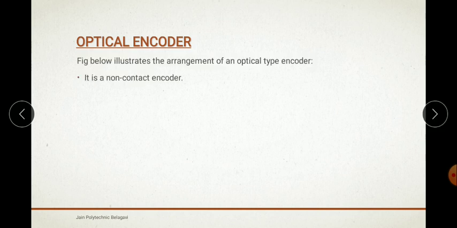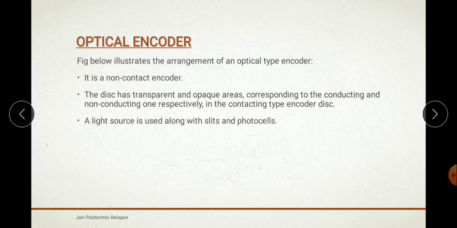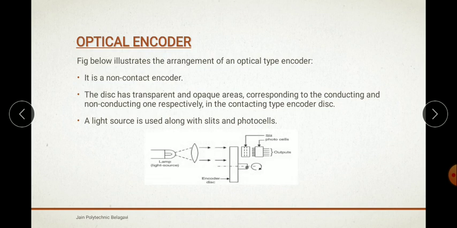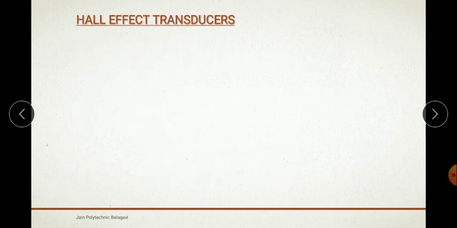By the figure we can easily see this optical encoder. This is the encoder disc, which is completely non-contact, then the light source provides light which is passed to these transparent and opaque areas. Then we have a slit where the light is separated, and it passes to the photo cells where the desired output is achieved.